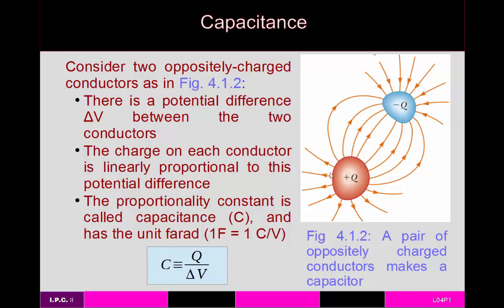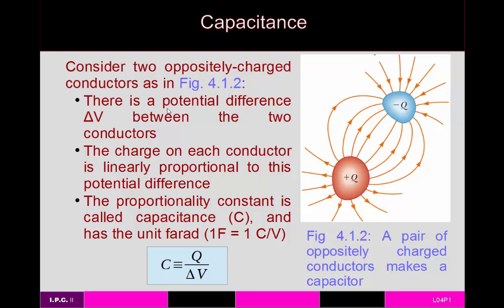The charge on each of these two conductors is going to in turn be linearly proportional to the potential difference between them. So the more charge that you build here and the more charge you build here, the greater the potential difference is from here to here. In other words, the more work gets done by moving a positive test charge from here to here.